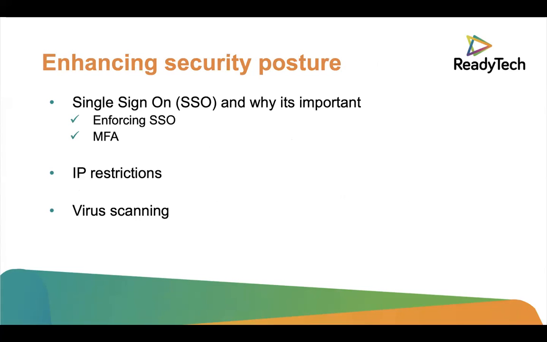So a few things have been done over the last few months that can assist you in enhancing your security posture. We activated single sign-on to JobReady Live. For those of you who aren't familiar, single sign-on will allow your staff to use, more than likely, your Microsoft 365 setup, so your internal network setup, and their credentials to your internal network to gain access to JobReady Live.